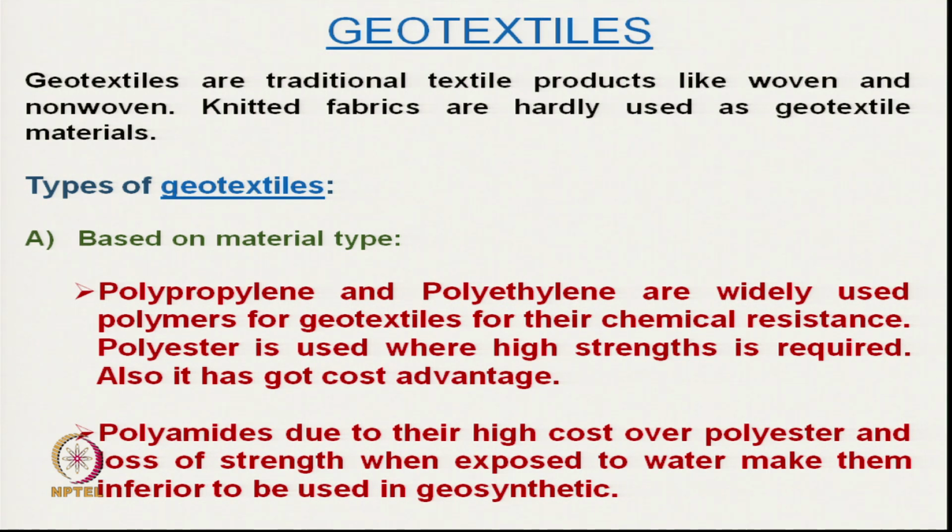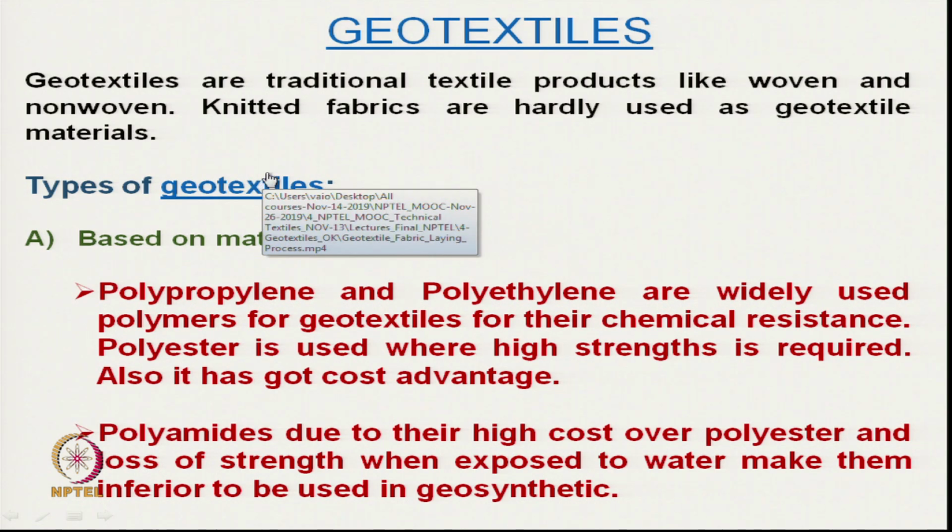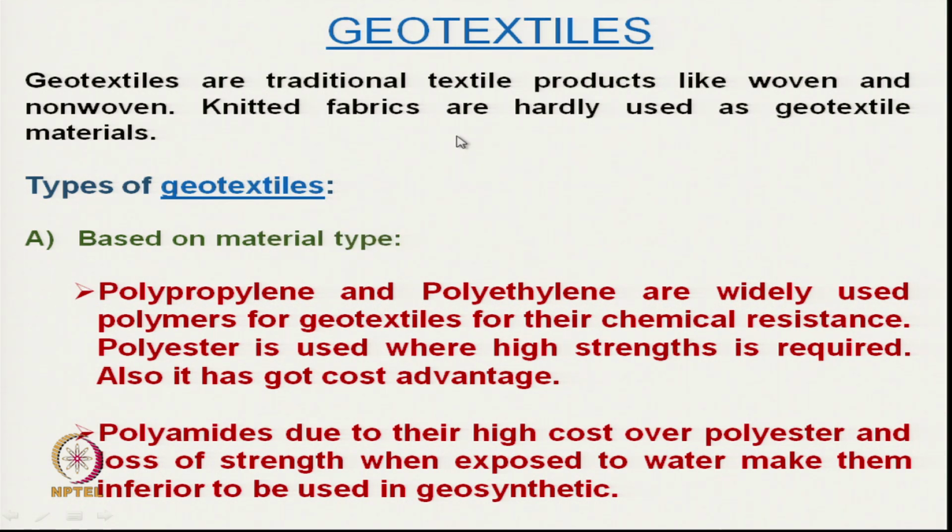Our focus, as I have mentioned, will be basically on geotextiles. These geotextiles can be woven, non-woven, although knitted geotextiles are hardly used, but sometimes for a specific application warp knitted geotextiles are used.